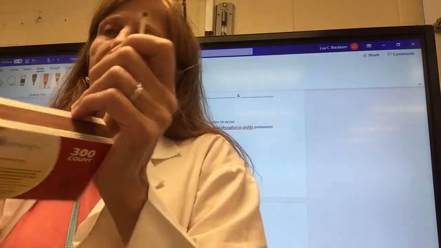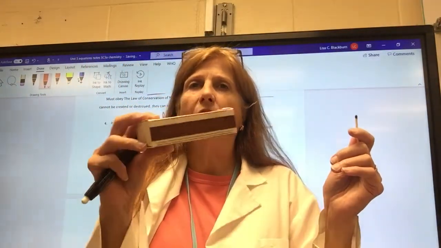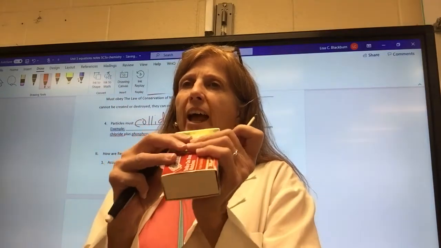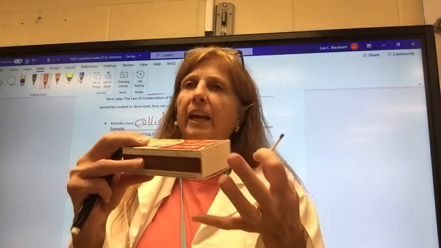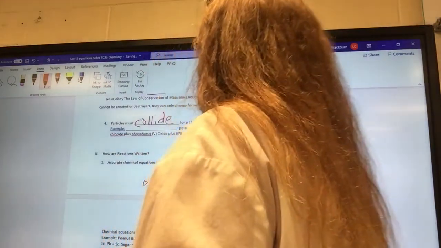You don't see those so much anymore, because people would leave them in their car on the dash and it would get hot. And it would give enough energy for that reaction to start, and they'd catch on fire and burn up people's cars. So yeah, you shouldn't leave matches in your car.